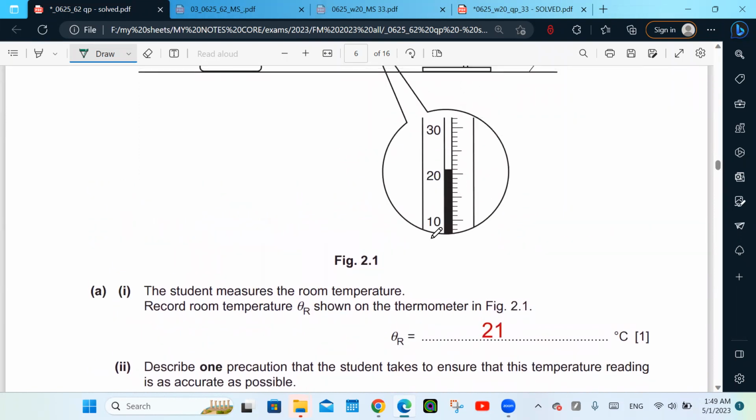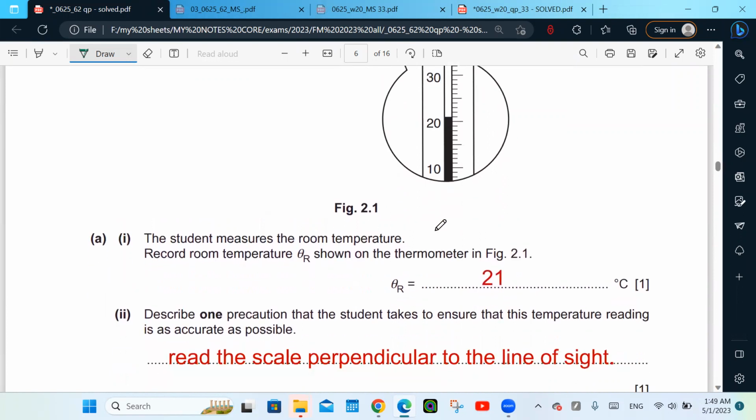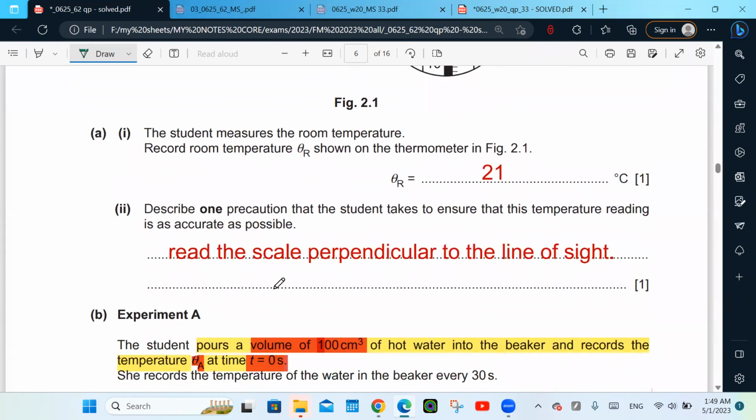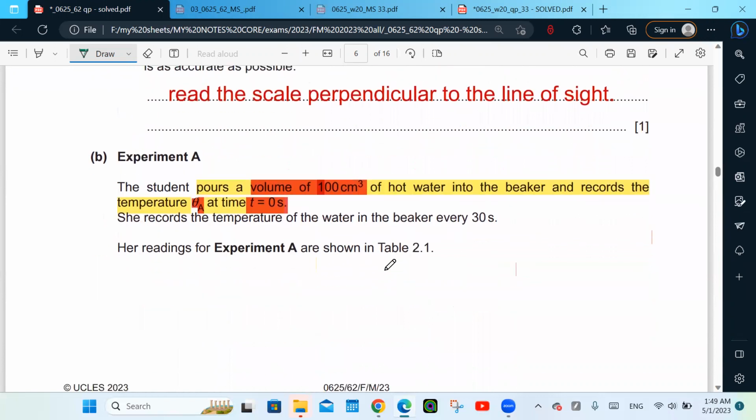You cannot say avoid the parallax error here, as you always memorize in this type of question. You just take a look at the mark scheme and be careful. You can just write in this question, take the scale perpendicular to the line of sight, to increase the accuracy of your reading.